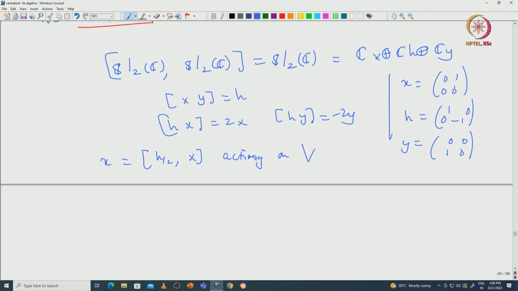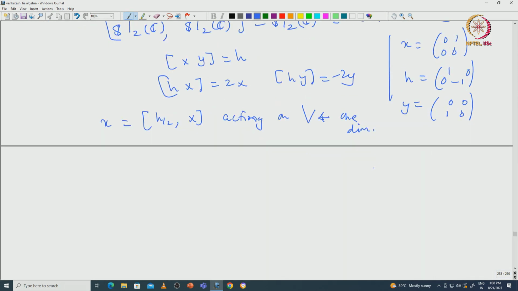this capital V, which is one dimensional. How will this h/2 act? It will act as some scalar. Let us say V is spanned by this small vector v, which is non-zero.